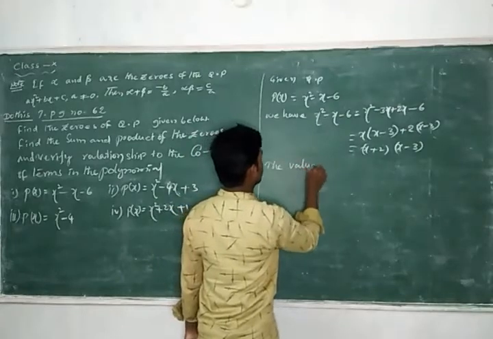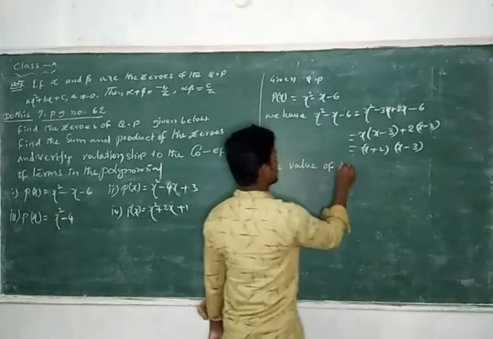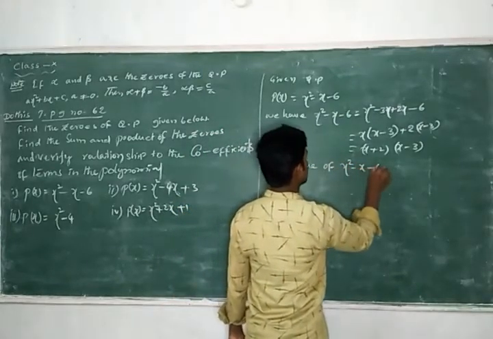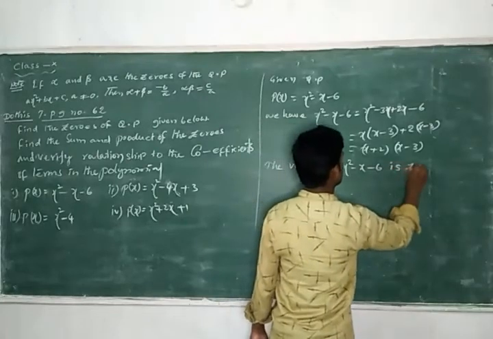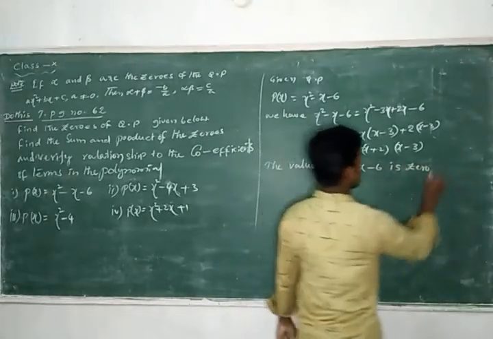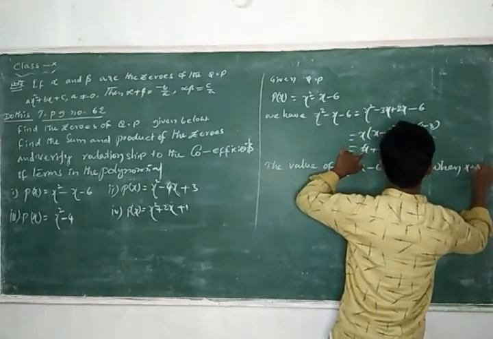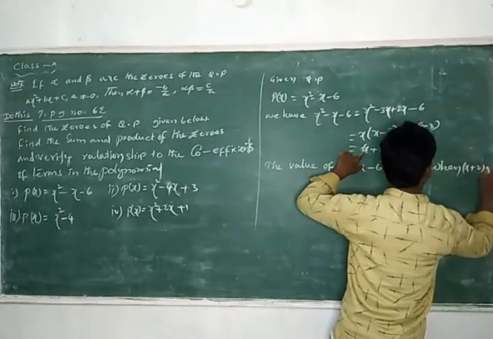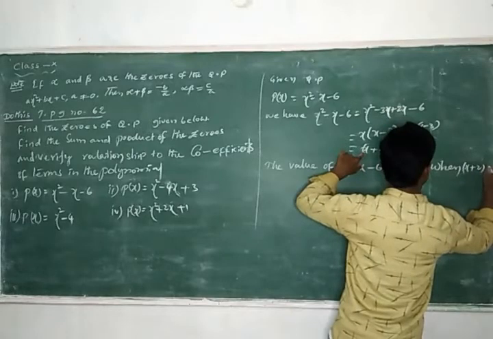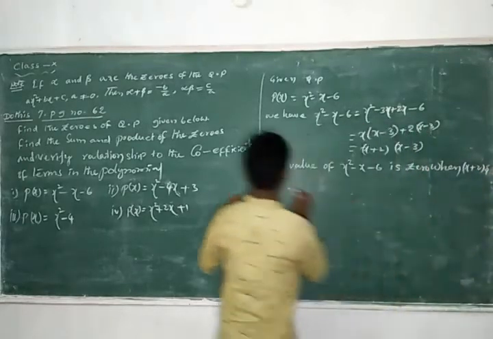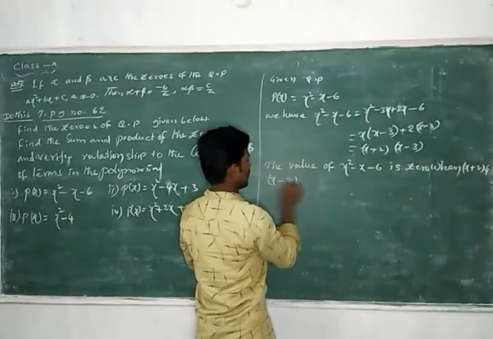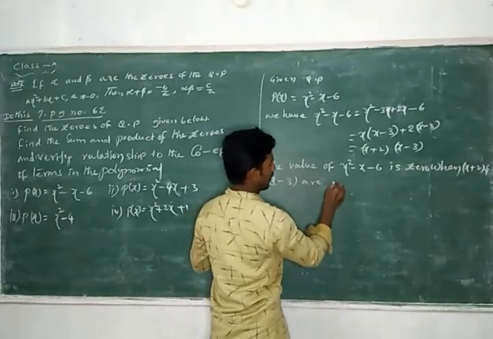The value of p of x, that is x square minus x minus 6, is 0 when x plus 2 and x minus 3 are the factors.